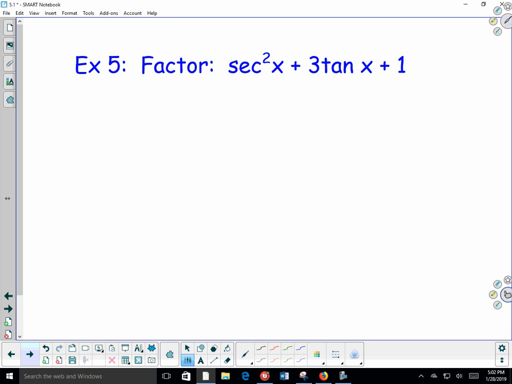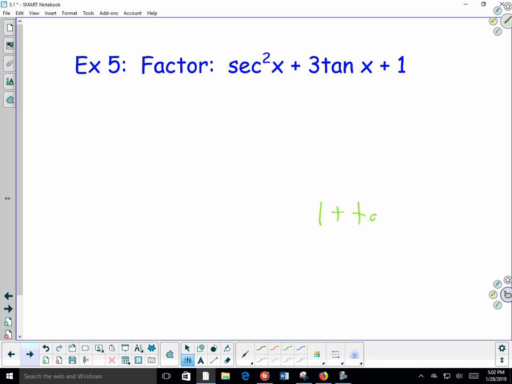We're trying to factor secant squared x plus 3 tangent x plus 1. We see two different trig functions, so we're going to need to use one of our Pythagorean identities, and I see that we have an identity that's 1 plus tangent squared equals secant squared.